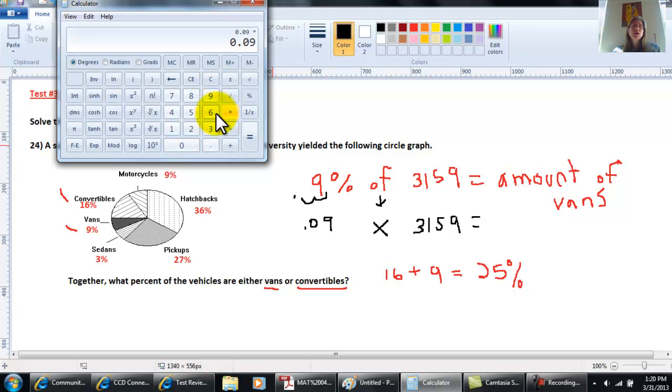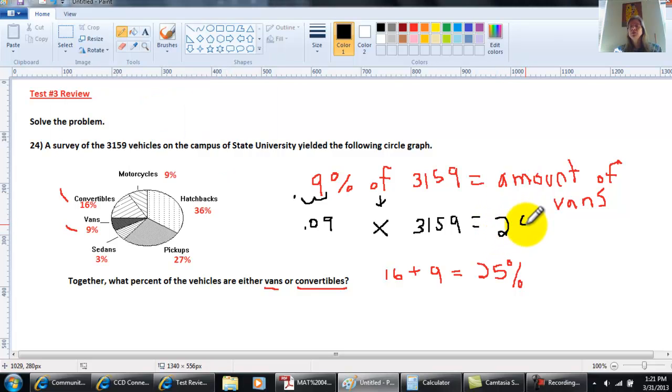That is 284.31, but you can't have a 0.31 car, so logically you have to round that to the nearest number of cars. With 284.3, you do not round up, you leave the number alone, and you just say approximately 284 vans would be on the road.